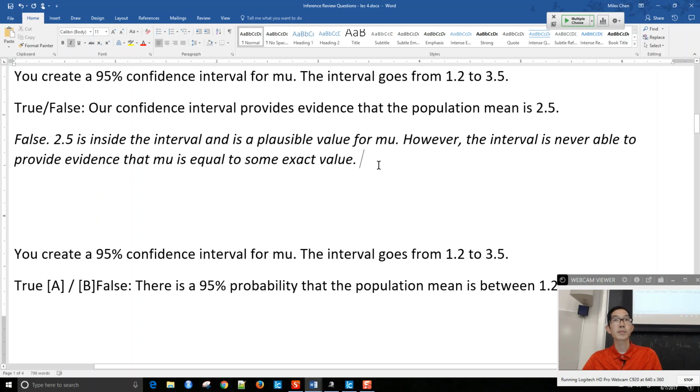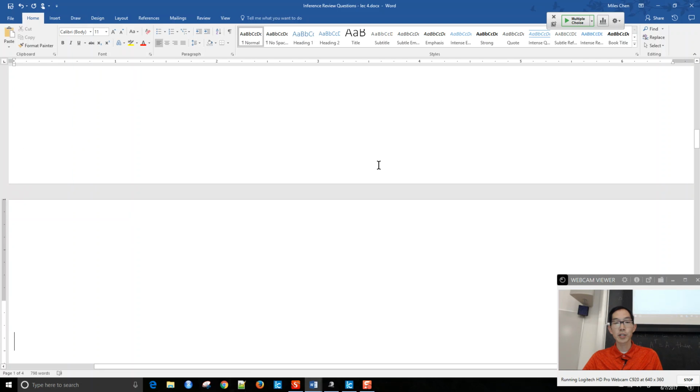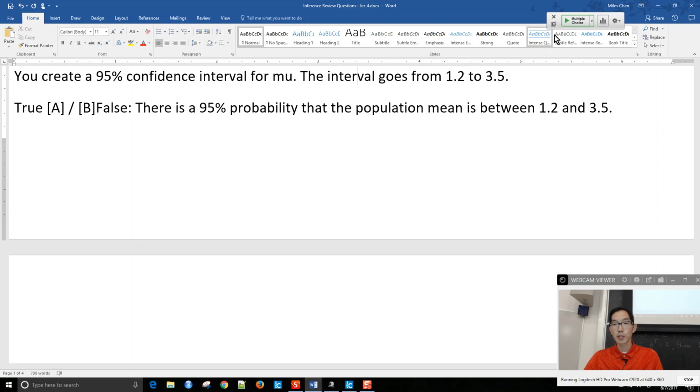Is that okay? All right, we'll do a clicker question here. You create a 95% confidence interval for mu. The interval goes from 1.2 to 3.5. True or false, there is a 95% probability that the population mean is between 1.2 and 3.5.